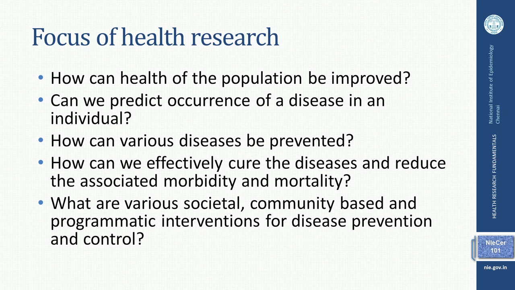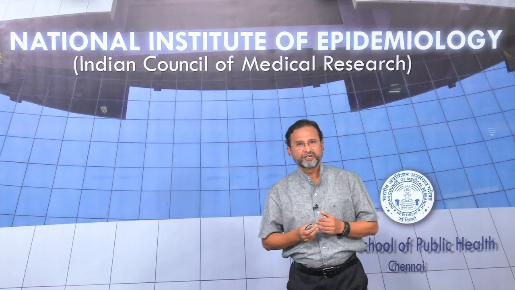How can various diseases be prevented? How can we effectively cure the diseases and reduce the cost and also the associated morbidity and mortality? What are the various societal, community based and programmatic interventions for disease prevention and control? These are the kinds of directions which health research takes and follows.